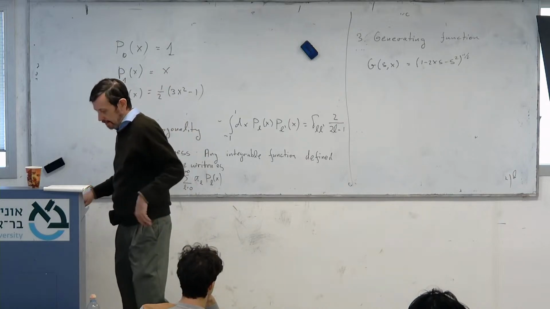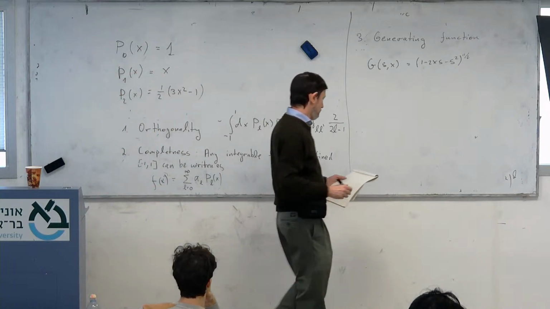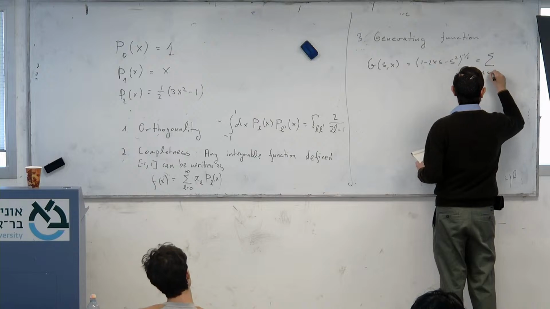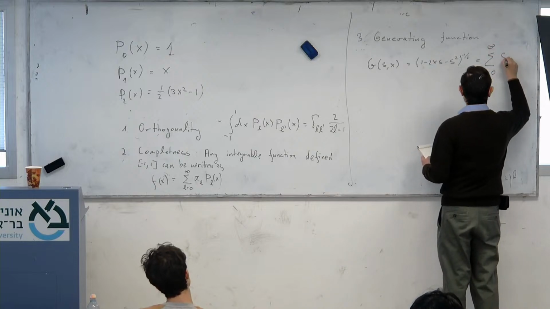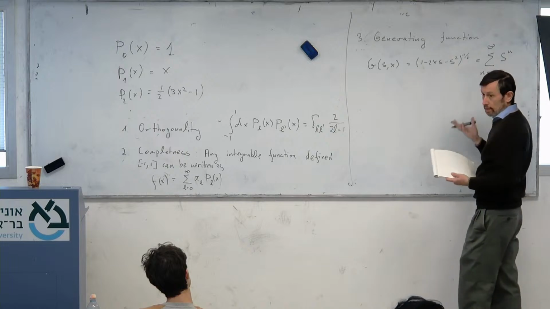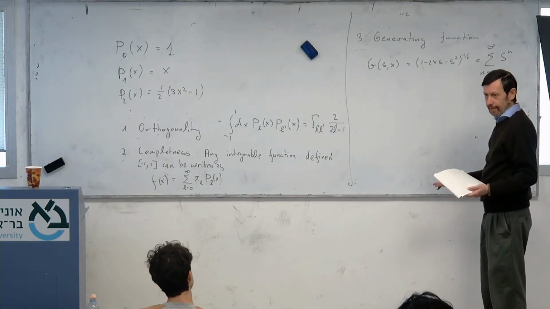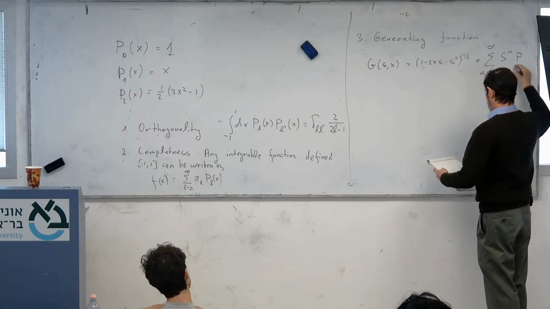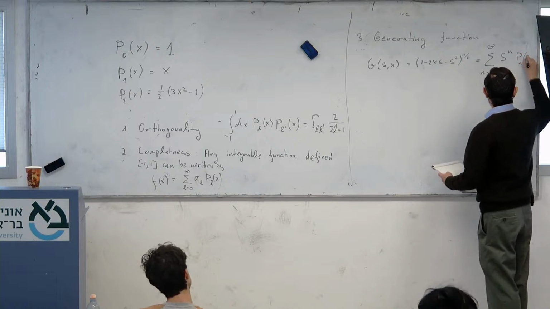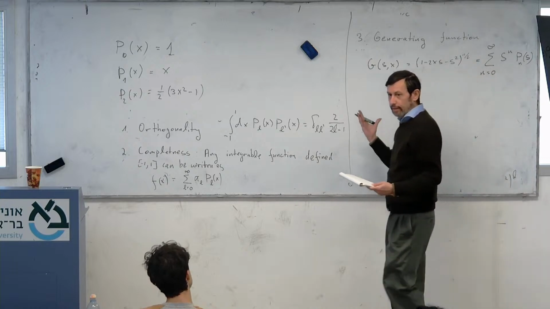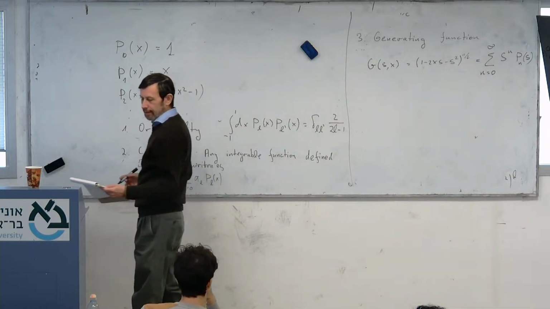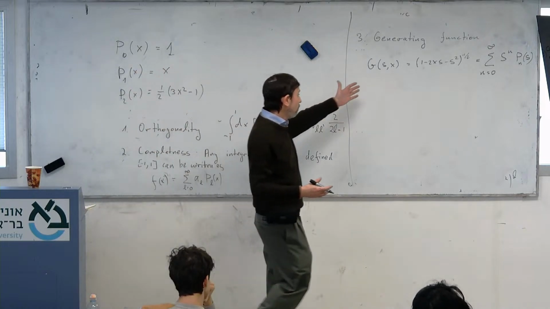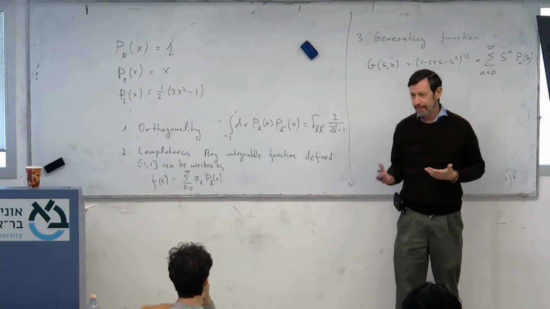So basically, this is just as in any Taylor expansion. So it's another way to identify the Legendre polynomials or any polynomial depending on the generating function.